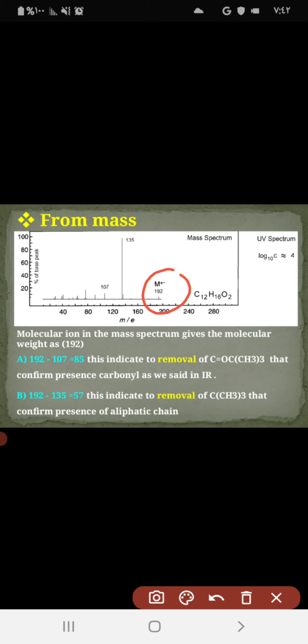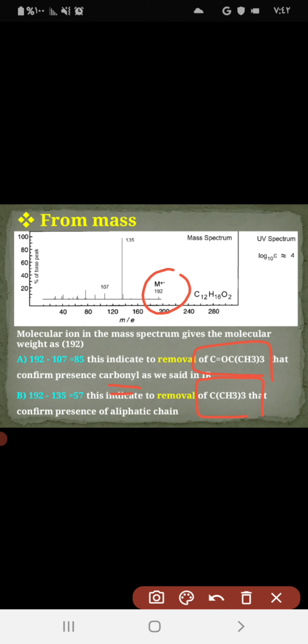That indicates the removal of C double bond O, CH3, all of them 3, which confirms the presence of carbonyl, as we said in the IR. The second one is 192 minus 135, the result is 57. That indicates the removal of CH3, all of them 3, which confirms the presence of aliphatic chains.